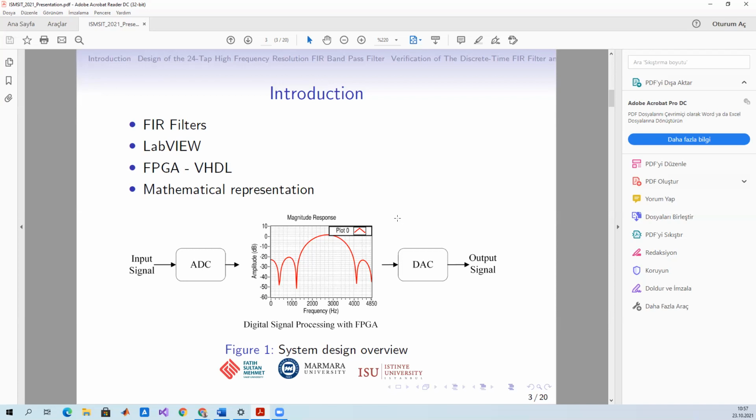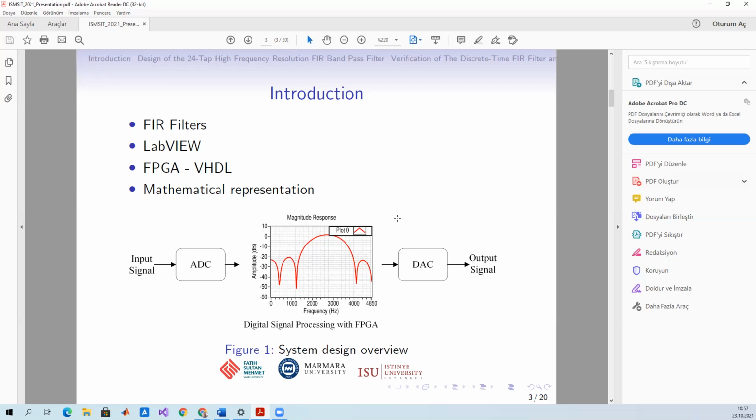Of course, the designer can use another high-level language, C, C++, or Java, or another language. So we chose VHDL, which is the well-known hardware description language.